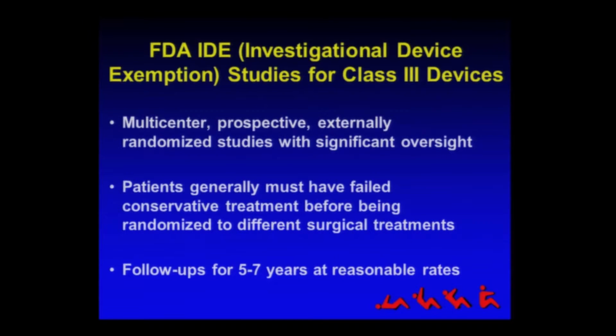FDA investigational device exemption studies are required for pre-market approval of Class 3 or novel devices, devices that haven't been around before the law changed in 1976. Since the mid-90s, these have largely comprised multi-center prospective randomized studies with significant levels of oversight, the ultimate one being Uncle Sam.